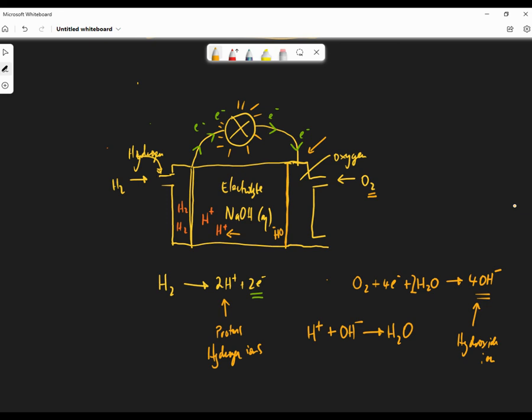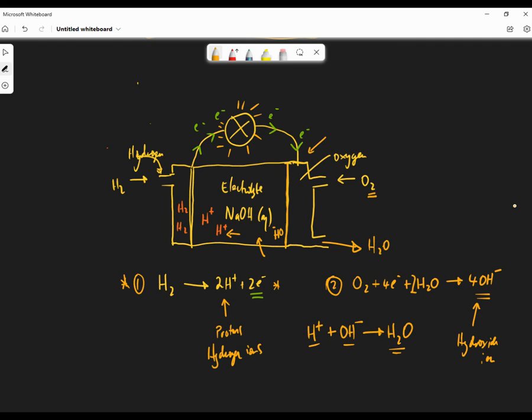So first this happens, this is number one. Then this equation happens, and then the hydroxide ions in the middle here are going to react with the hydrogen ions to form water. Then the water comes out here as a waste product, so the water eventually comes out as a waste product down there. So why does it keep happening then?